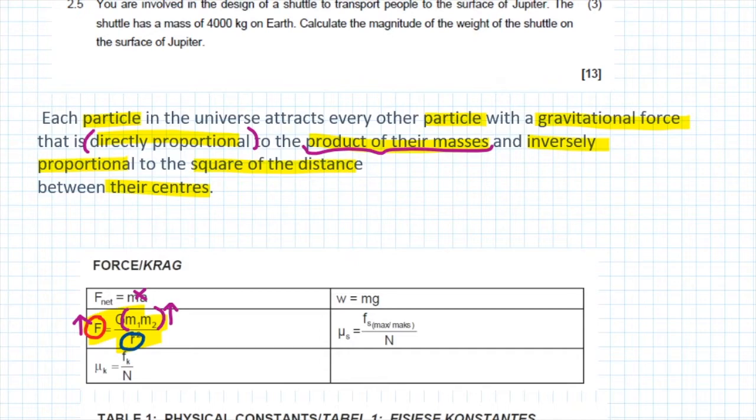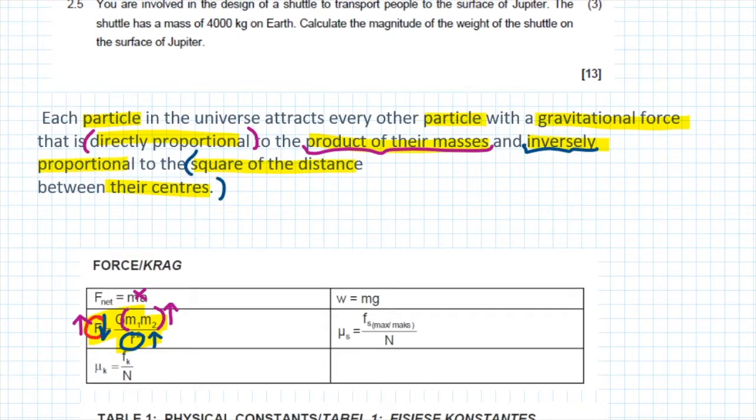Therefore, as the square of the distance between their centers increases, since it is in the denominator, we know that as this number increases, the force is going to decrease. We therefore say it is inversely proportional to the square of the distance between their centers.